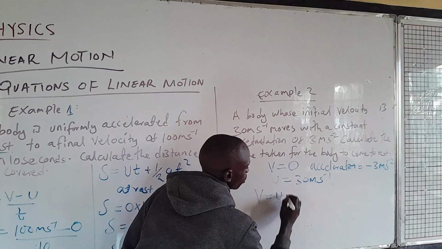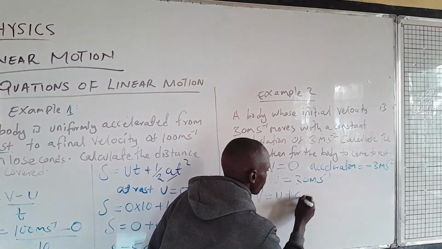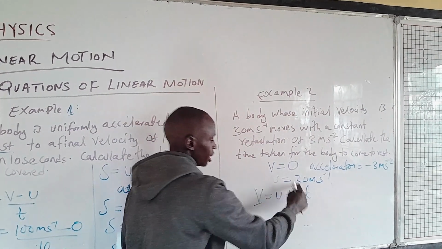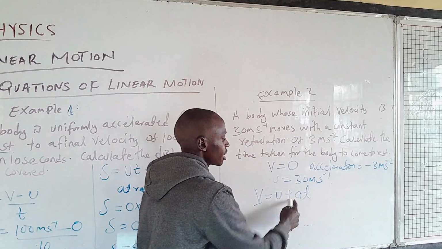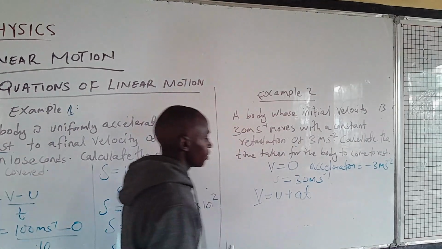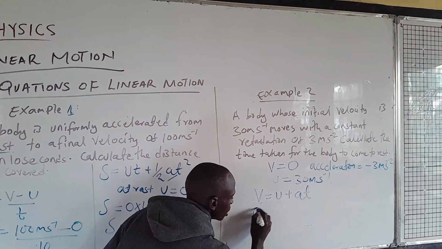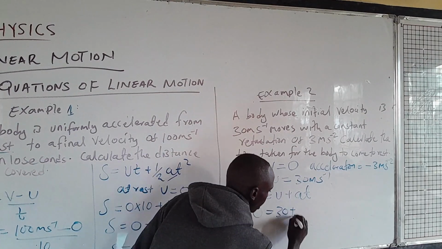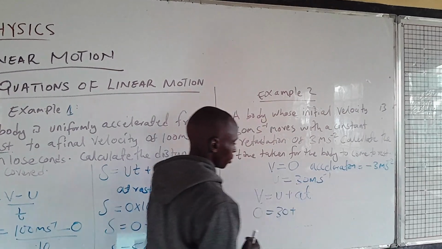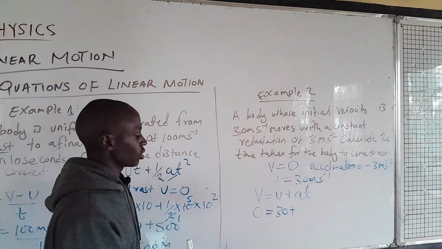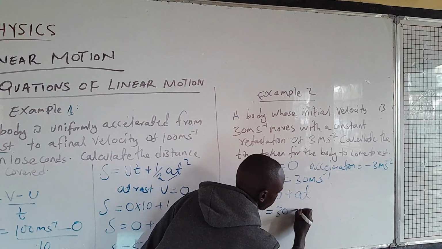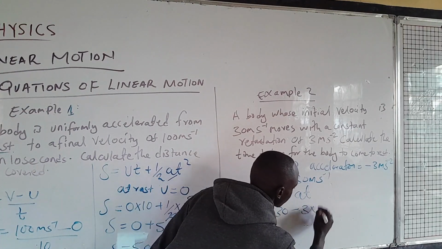equals u plus at, where v is the final velocity, u is the initial velocity, a is acceleration, and then we are required to calculate t. So here our final velocity is 0 because it comes to rest, equals the initial velocity, that is 30, plus our acceleration, it is in the negative direction, so it will be minus 3 times t.